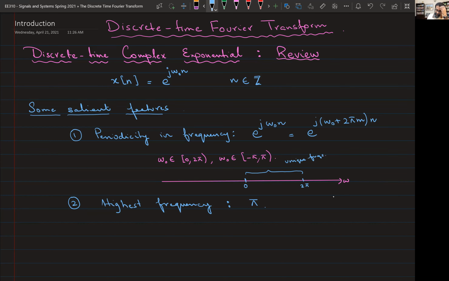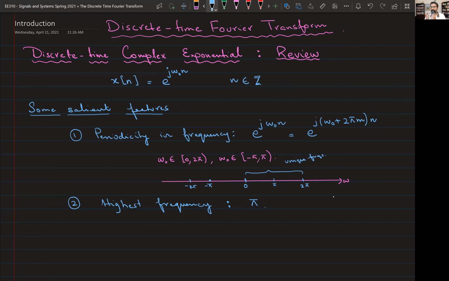And of course, the reason is that as soon as I step outside of this interval, for example in the interval minus 2 pi to 0, for any frequency that I find here, for example this is minus pi, the equivalent frequency is going to be plus pi here, because that's a 2 pi multiple displacement from minus pi.